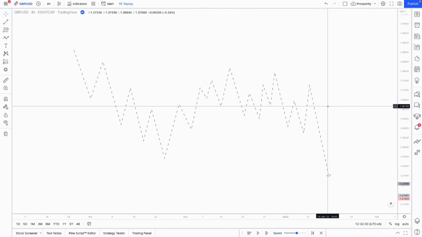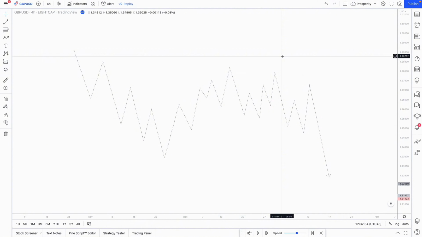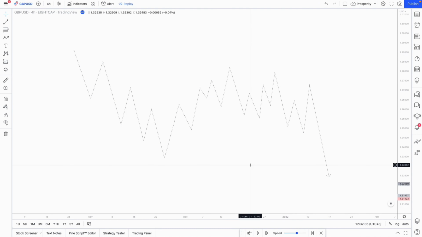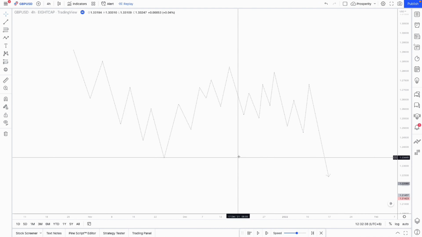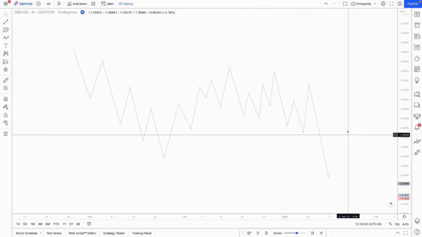Right, so here we have a line diagram. Now let's understand what this is, and then let's understand the misconception around supply and demand.